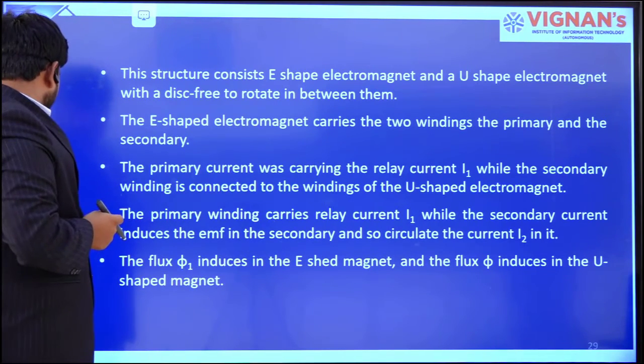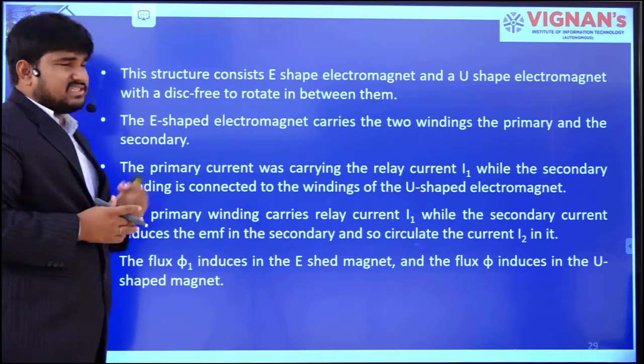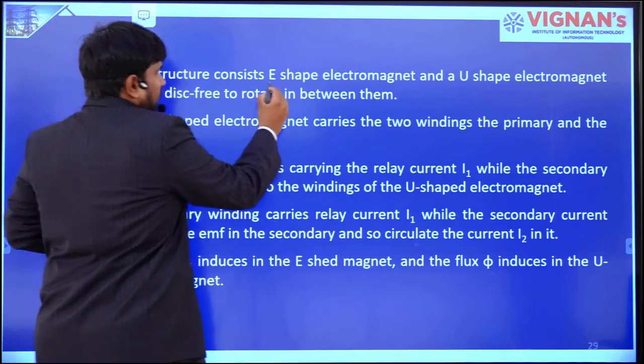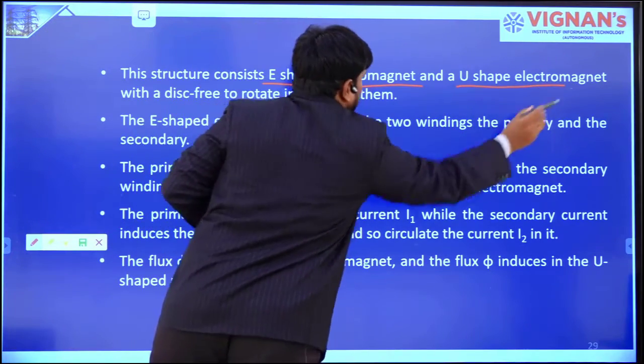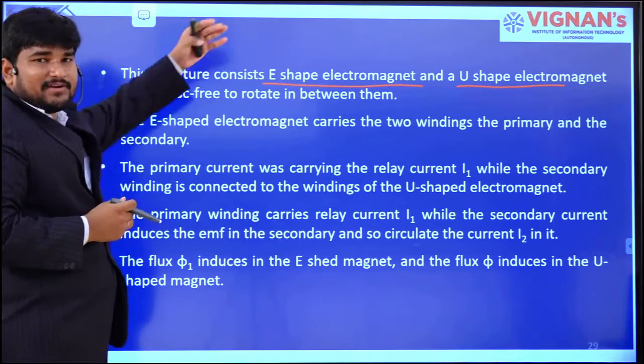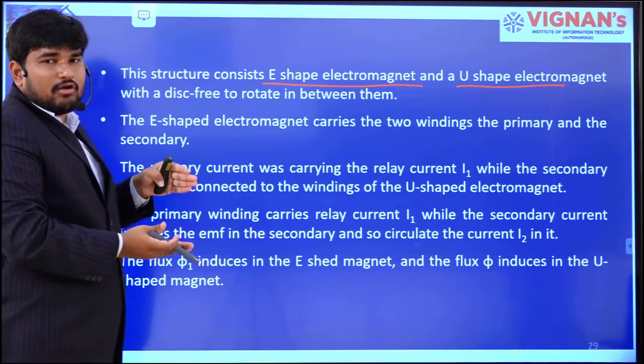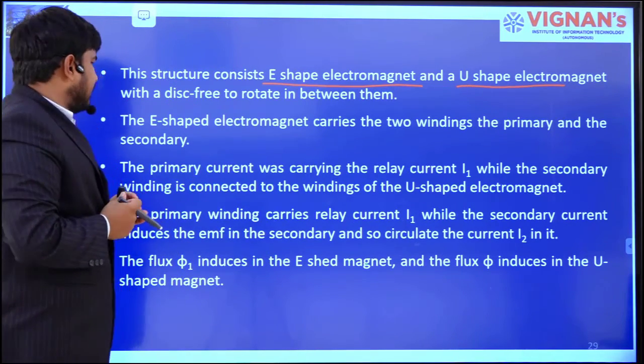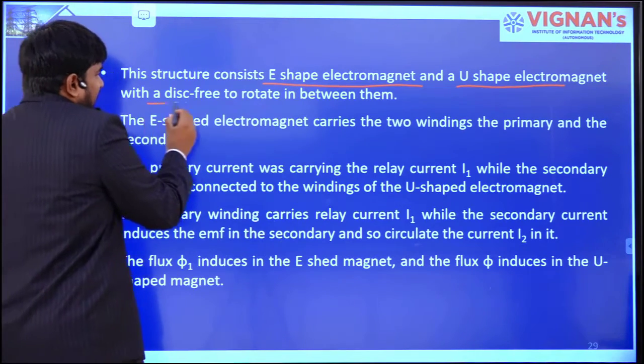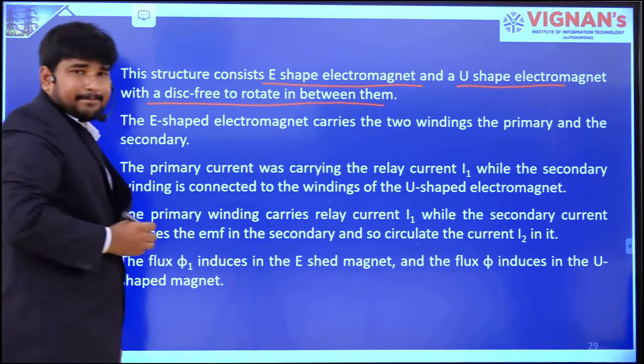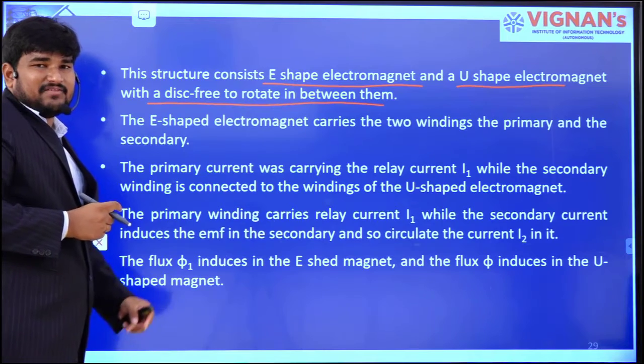Let us see some key points here. This structure consists of an E-shaped electromagnet and a U-shaped electromagnet. We have seen the upper part is the E-shaped electromagnet and the lower part is the U-shaped electromagnet, with a disc free to rotate in between them.